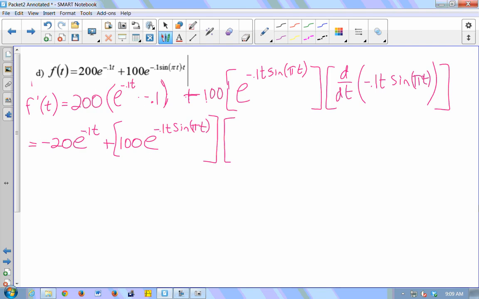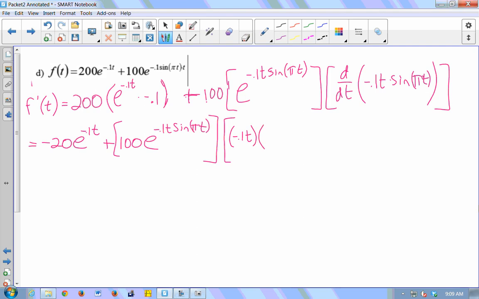And then I have to multiply by the derivative of negative 0.1t times the sine of pi t. What rule is going to be the first rule I have to apply here to take this derivative? The product rule. This is the product of two functions, negative 0.1t times the sine of pi t. Product rule. So I'm going to have first, negative 0.1t, times the derivative of the second.